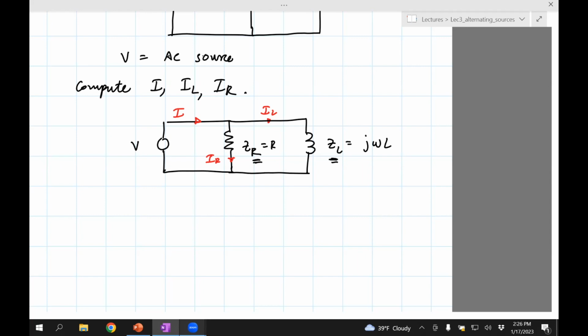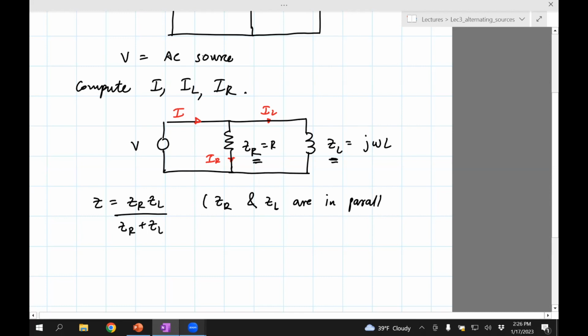So we can use the same formula for resistors in parallel because this has an equivalent expression, V equals Z times I. So ZR and ZL are in parallel, and we can write the equivalent impedance as ZR ZL divided by ZR plus ZL.